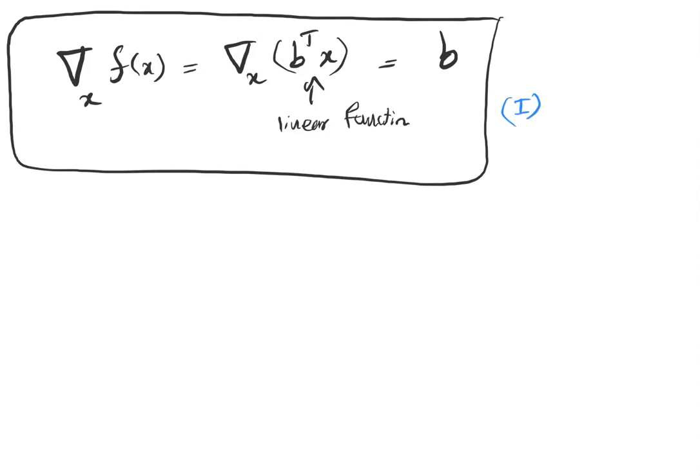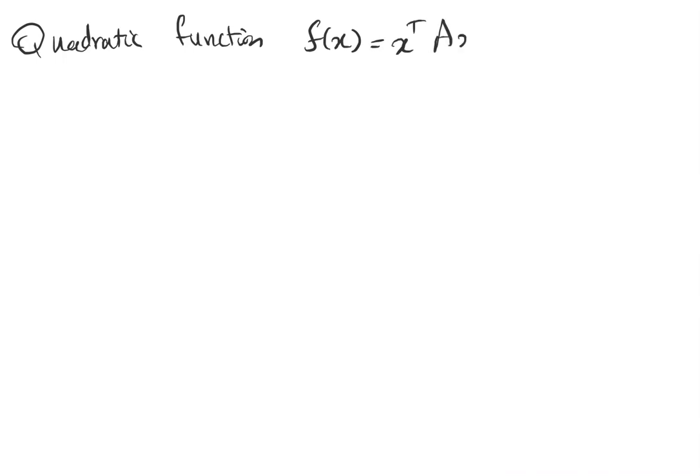The second thing is the gradient of a quadratic form. First, we define the quadratic function. f of x, where x is a vector, is x transpose A x, where A is a symmetric n by n matrix.